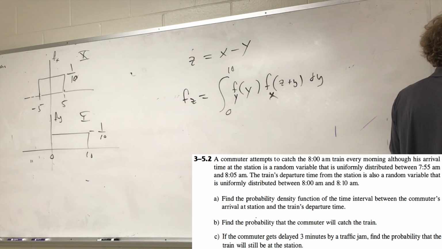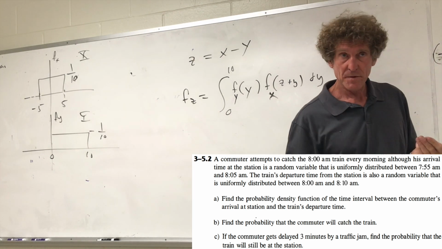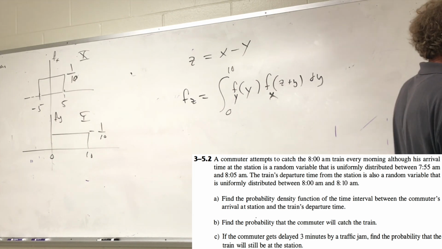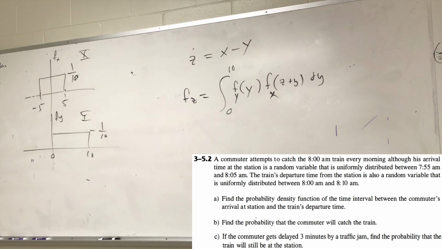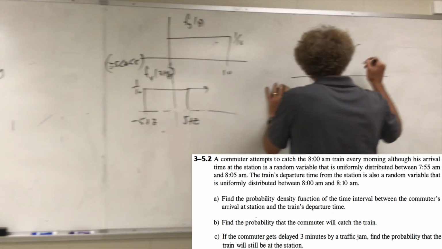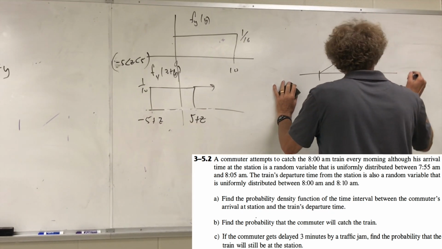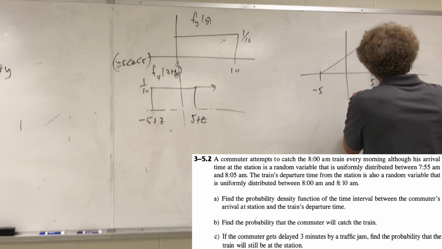And can you all see this boxcar moving that way, class? So that overlap area is going to grow linearly. I'm just going to tell you, out of time. For this one, it starts at minus 5, and it's going to grow, and it's going to hit a peak here at 5. And then it's going to start decreasing.